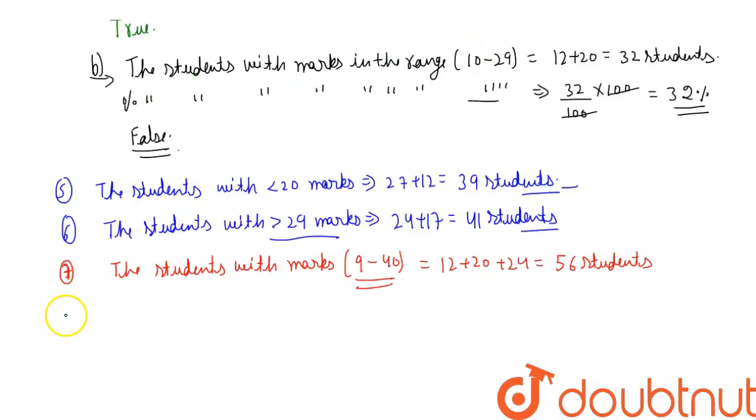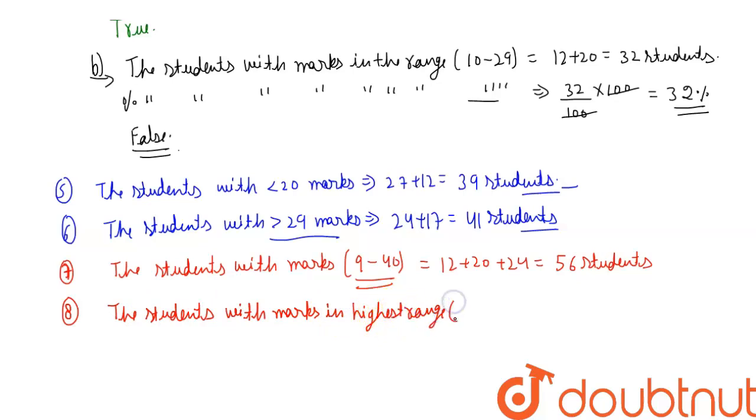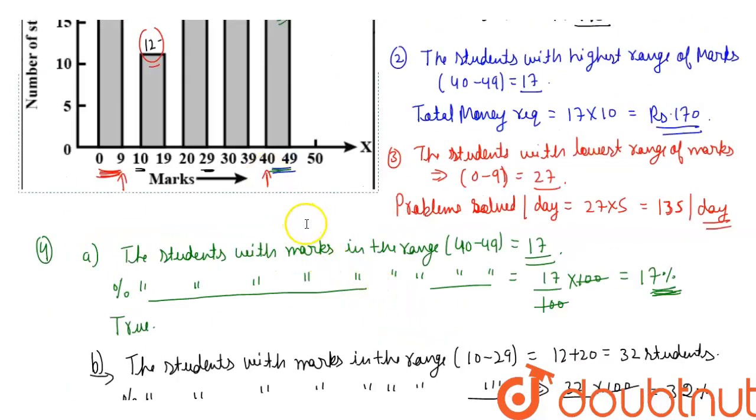So here we have the eighth part of the question, the students who have got marks in the highest range. From the graph we can see that the highest range is from 40 to 49.